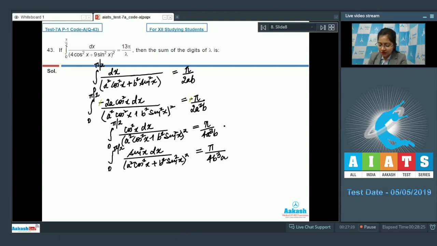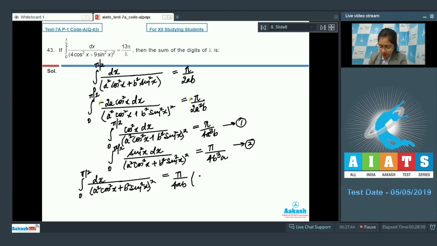Now if we add both of these, 1 and 2, sin square x plus cos square x in the numerator can be written as 1. So we get dx divided by (a square cos square x plus b square sin square x) whole square equal to pi divided by 4ab, taking it common, times 1 by a square plus 1 by b square.